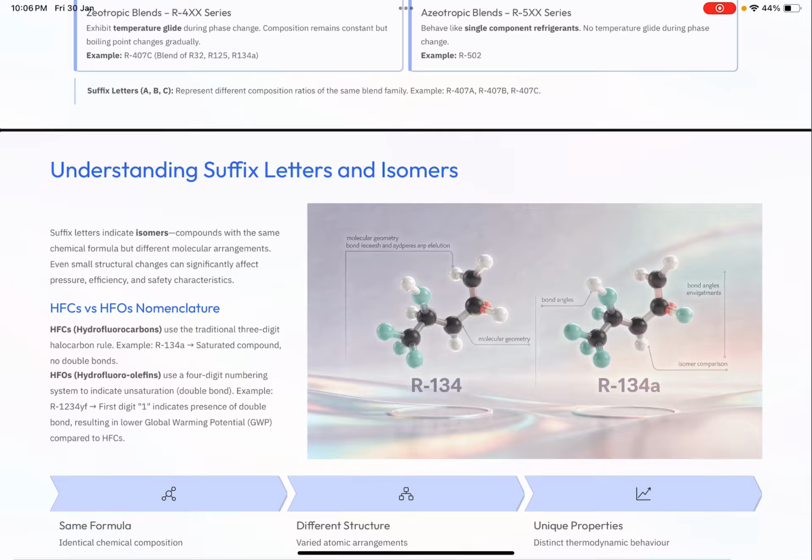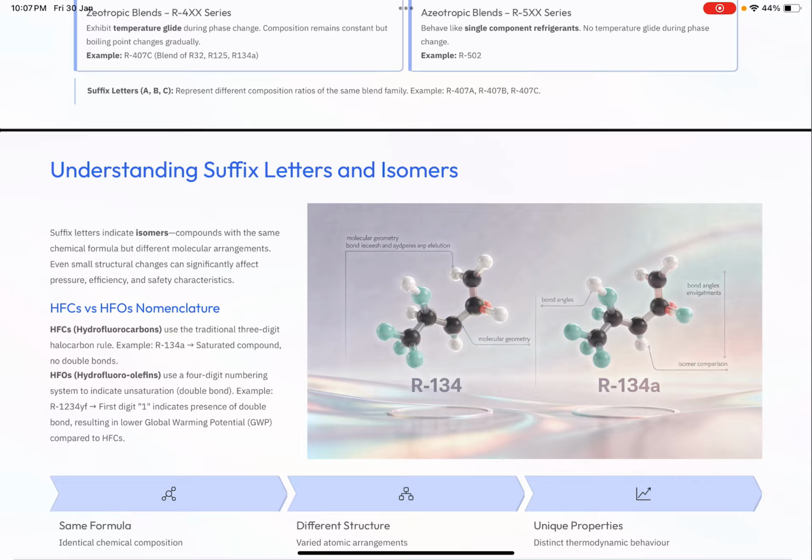Okay. One more thing to wind up. There is one refrigerant which is now widely used, and it is R1234YF. In this case, you will find that there is an additional digit, and that is the first digit 1. What it indicates is that there is a double bond in that refrigerant, and the presence of the double bond would mean that it is going to have a lower global warming potential as compared to hydrofluorocarbons.